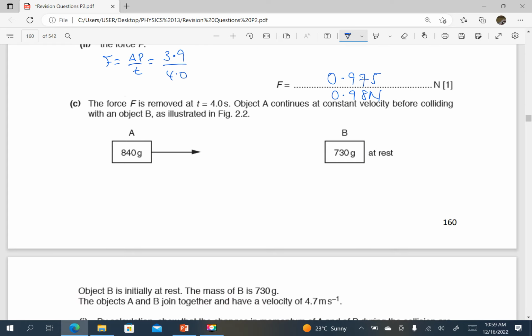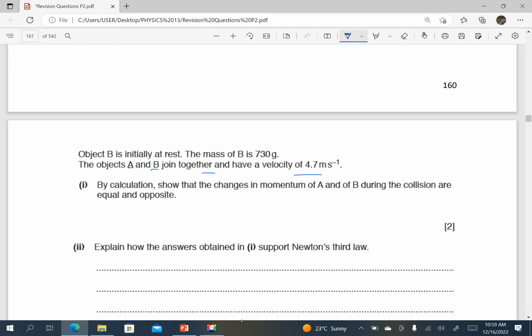Object B is initially at rest. The mass of B is 730 grams. The objects A and B join together and have a common velocity of 4.7. By calculation, show that the change in momentum of A and of B during the collision are equal and opposite.